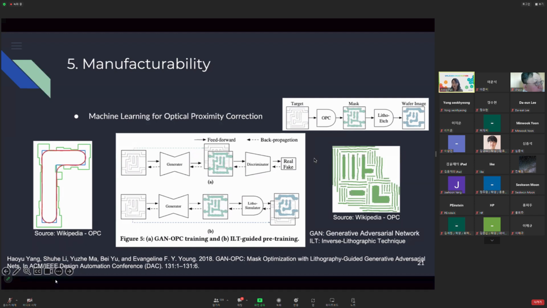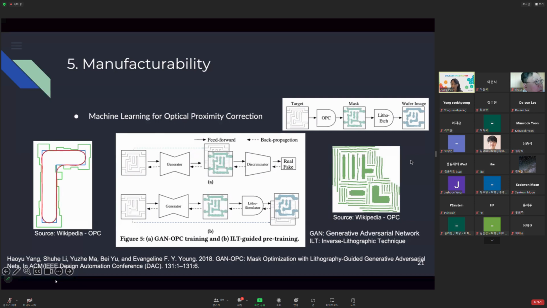So we correct it to make a more rectangular-like shape or polygon-like shape. So instead of having the target shape only, they put some helping structure like this, helping lines. And having this one actually helps to make this more rectangular or polygon-like shapes. So that's the optical proximity correction.